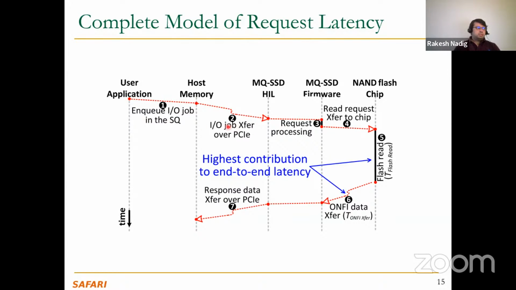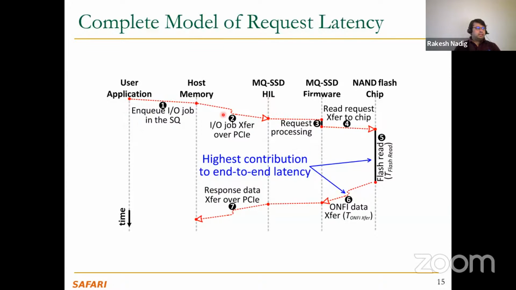There can be multiple submission queues in the device. A user application will enqueue an IO job into the submission queue, which is in the host memory. Then the request is sent to the host interface layer through the PCIe protocol, and from the host interface layer, if it's a large request, it will be split into smaller requests.